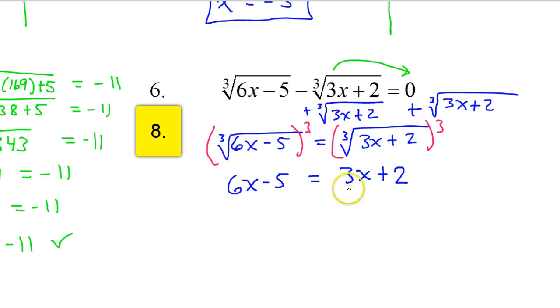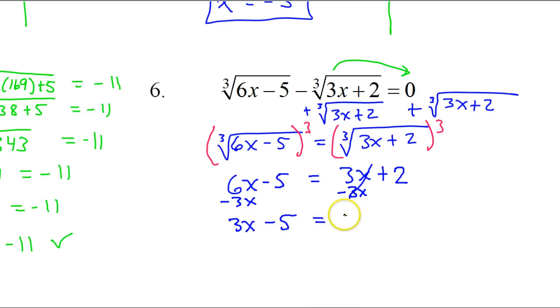So if we go ahead and get these x's together. Anytime you see x's on both sides of the equation, you want to get rid of one of those x's by adding or subtracting. So that will cancel these out. So that will leave me with 3x minus 5 is equal to 2. Okay. Of course, now we will add 5 to both sides.